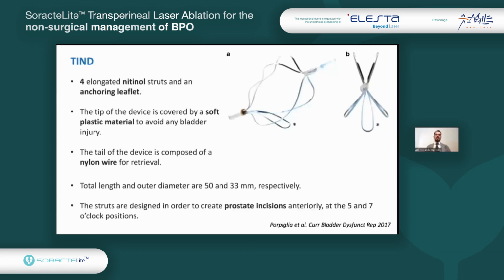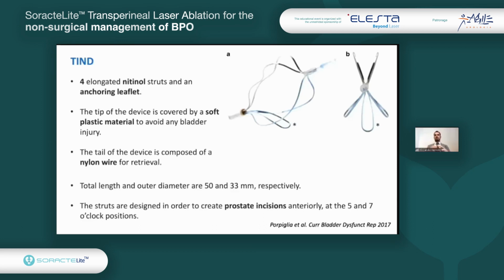They are meeting at the anchoring leaflet, and there is a soft plastic material that is protecting against tissue trauma of the bladder, because this kind of tip was touching a voided bladder. The tail of the device had the nylon wire, for the retrieval of the device. The total length is 50 millimeter, and the outer diameter is 33 millimeter.